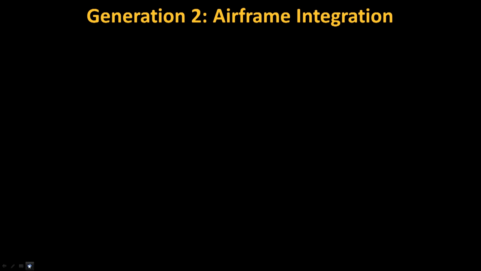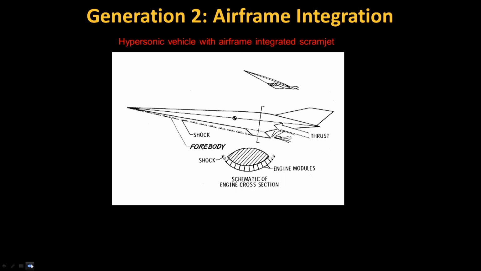The second generation of scramjets involved engines designed to integrate smoothly with the vehicle. Here I have shown a sketch of a hypersonic vehicle with an airframe integrated scramjet. The vehicle is long and slender for low drag, and engine modules are mounted side by side on the bottom of the vehicle. But most importantly, the engines are within the vehicle bow shock.